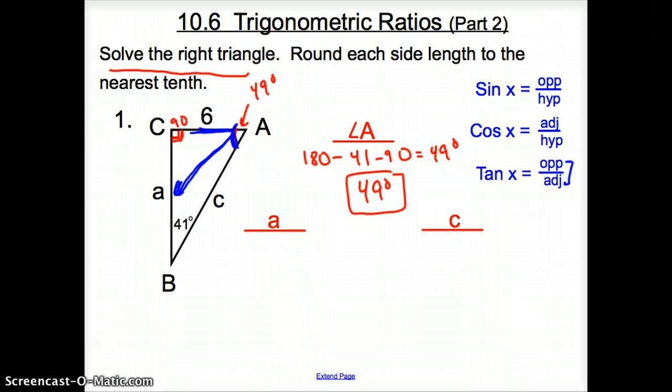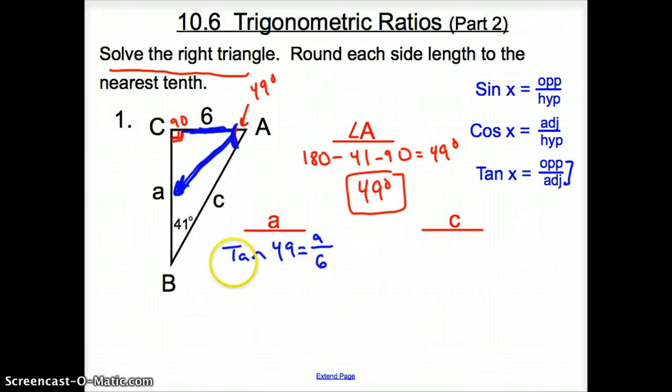We go tangent of angle A. Well, what is angle A? 49 degrees. So it's tan 49, and that equals opposite, which is A, over, and then what was your adjacent? Remember, it can't be C because C is the hypotenuse, so it's over 6.